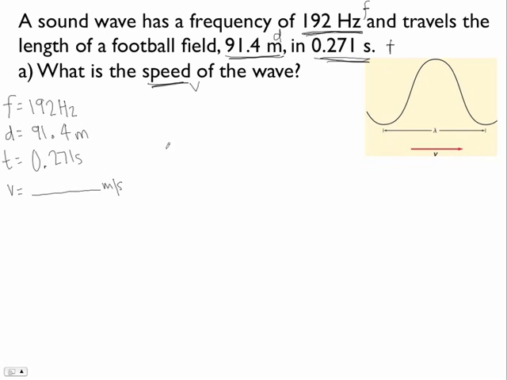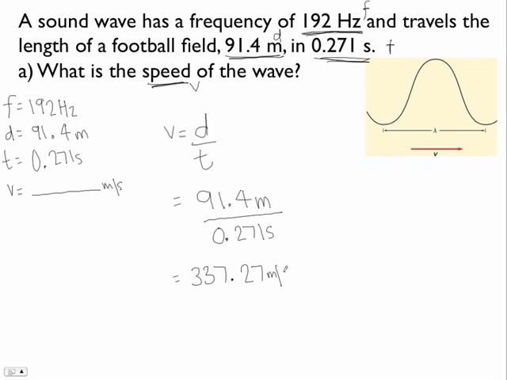So the first thing it asks is, what is the speed of the wave? And our wave speed equation is v equals d over t. So we have a d. It is 91.4 meters. We were also given a t, which is 0.271 seconds. And so we can do 91.4 meters divided by 0.271 seconds, and we'll get 337.27 meters per second.